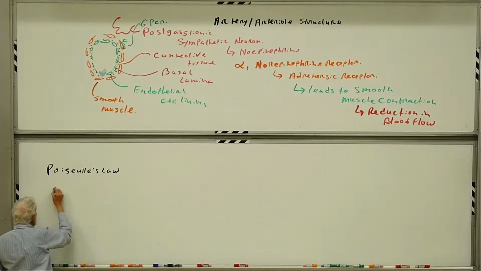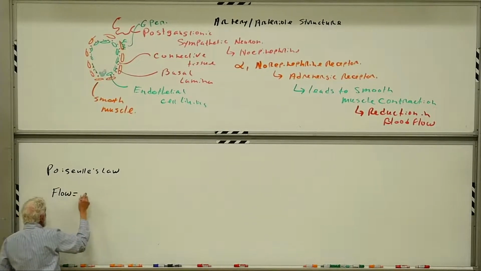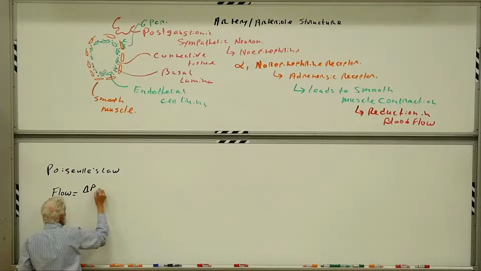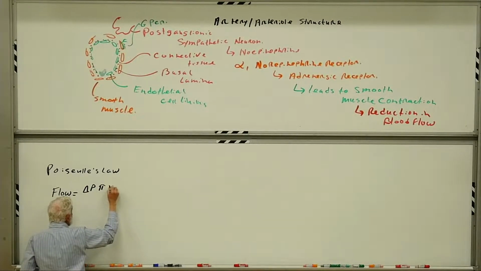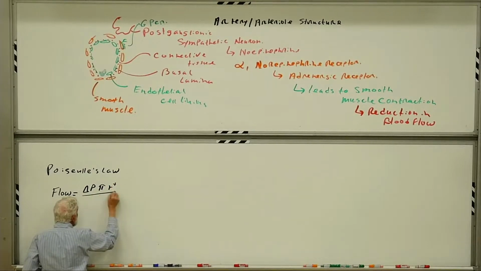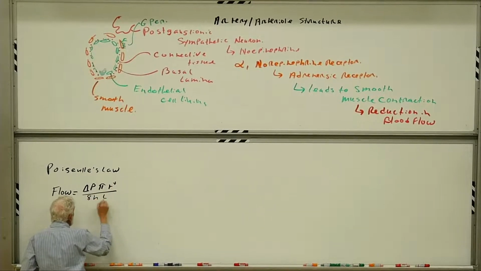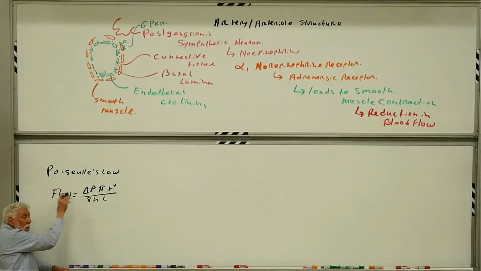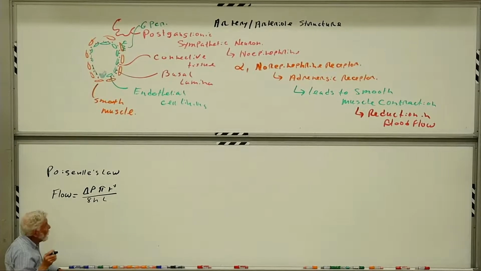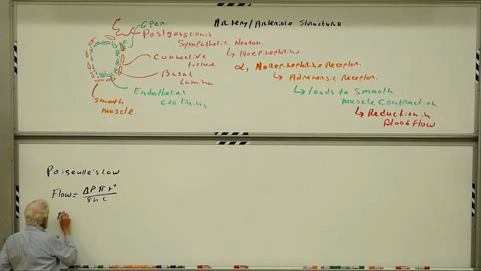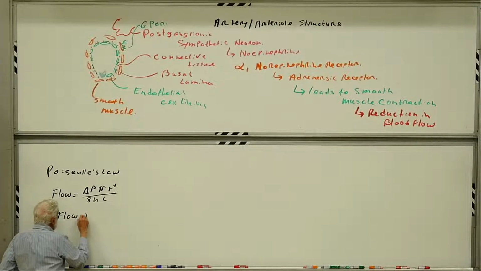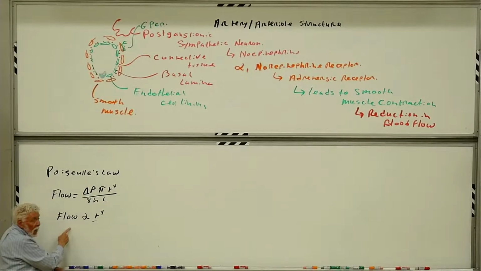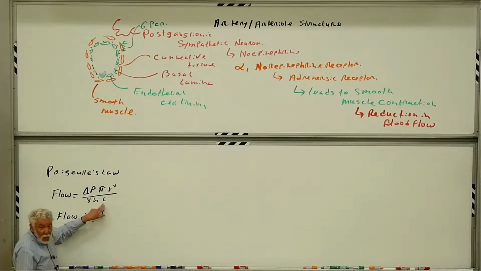It says the flow is equal to the differential in pressure times pi times the radius of the tube raised to the fourth power divided by 8 eta L. When we think about this for our purposes, what this boils down to is the flow is proportional to the radius raised to the fourth power. The reason we can simplify that is because we're going to think about a fixed length.